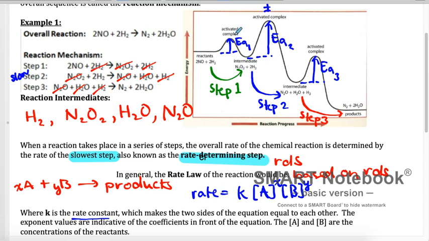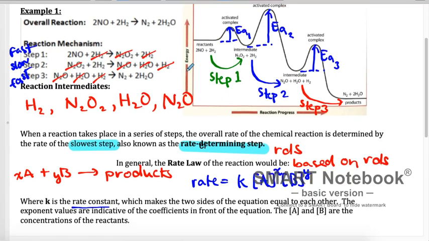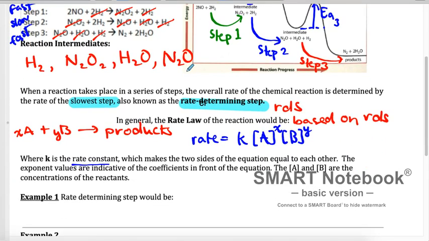Relative to EA2, this is going to be really fast just because it is a smaller activation energy barrier. So, this is going to be fast, but also this one. This is probably going to be the fastest, step 1, but relative to step 2, step 3 is fast. So since step 2 is the slowest, that will be our rate determining step. So the rate determining step would be step number 2. And I'm just going to write number 2 over here.